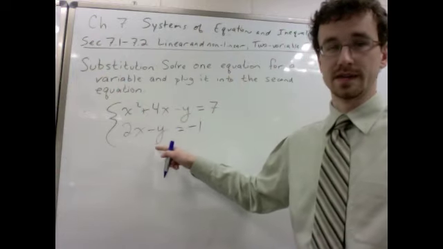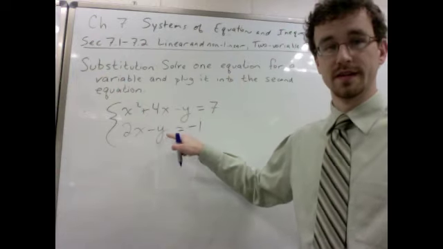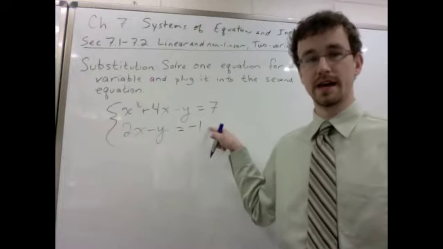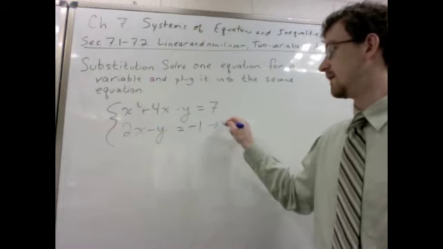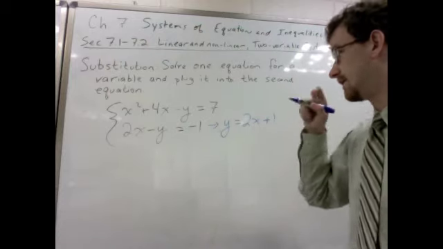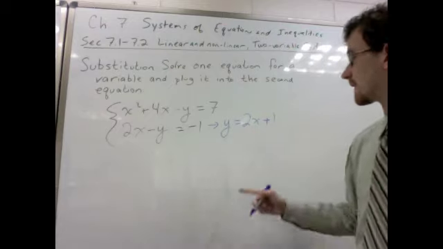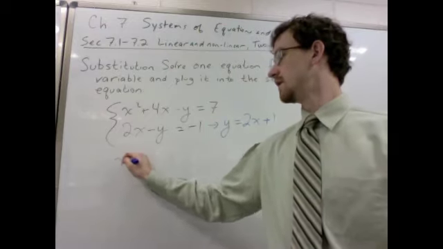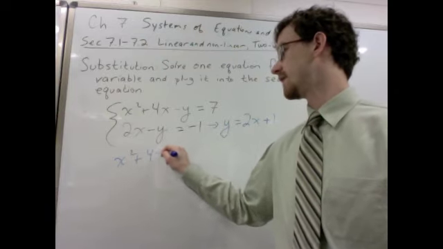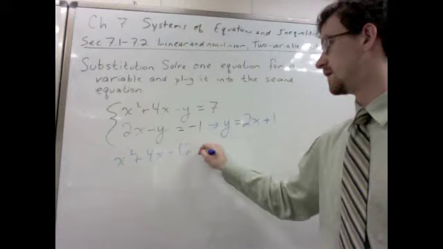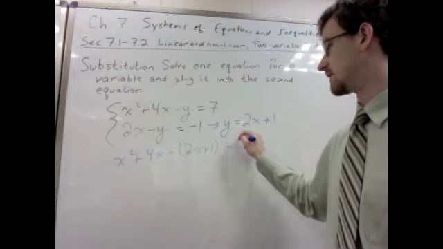The easiest way to go about this, I think, is to solve this equation for y. So we're going to add y to the other side, add this 1 over here. We get that y is 2x plus 1. And then we can take that and plug that into our first equation: x squared plus 4x minus y, which is 2x plus 1, equals 7.